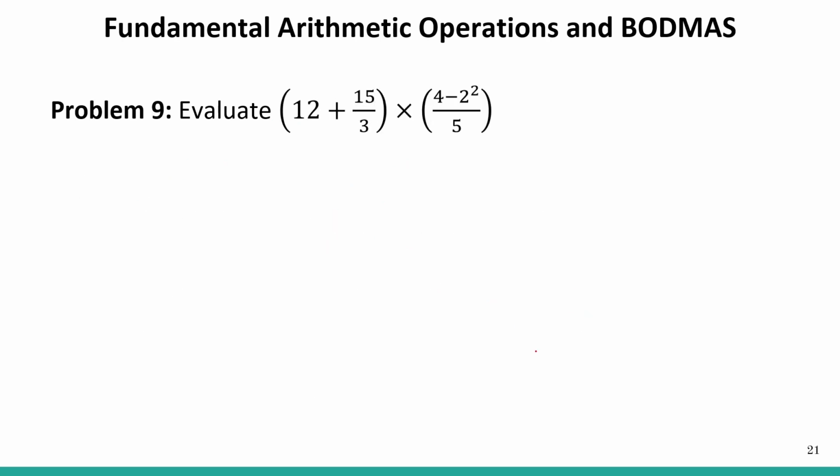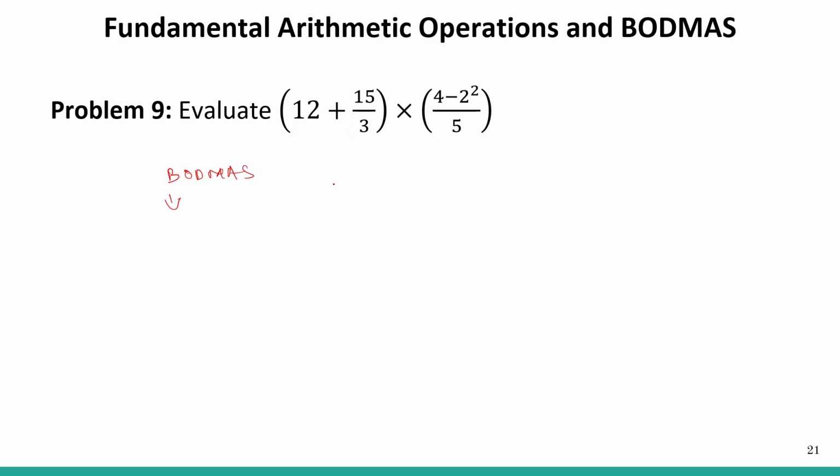Okay. So let's see problem number 9. So evaluate 12 plus 15 by 3 multiplied by 4 minus 2 square by 5. Okay. So it asks us to evaluate this term. So using the BODMAS rule, what we search for first is brackets, and then we simplify them first.